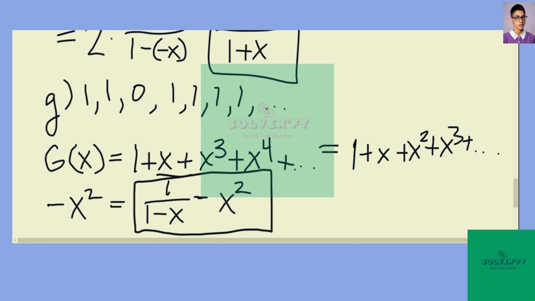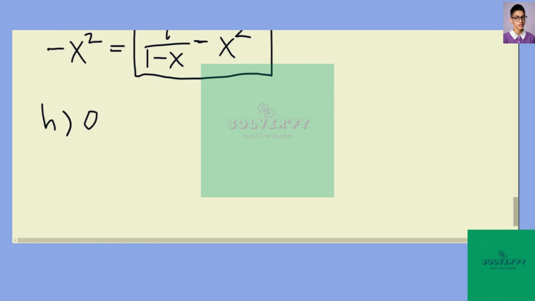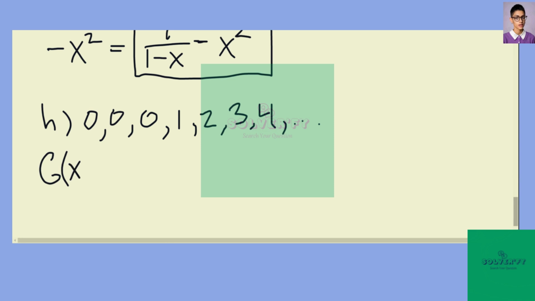In part H, we're given the sequence 0, 0, 0, 1, 2, 3, 4, and so on. The generating function for this sequence is x cubed plus 2x to the fourth plus 3x to the fifth, and so on.